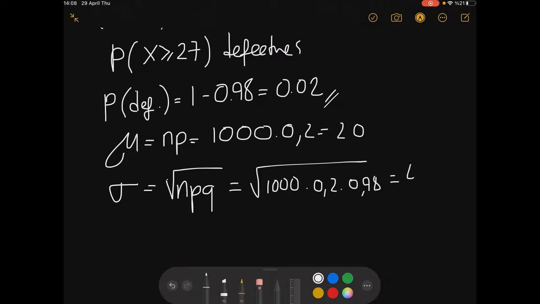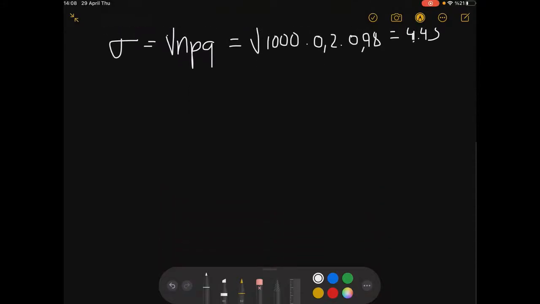That would give you 4 with this much of standard deviation. All right, so what is the probability of x is equal to or greater than 27?